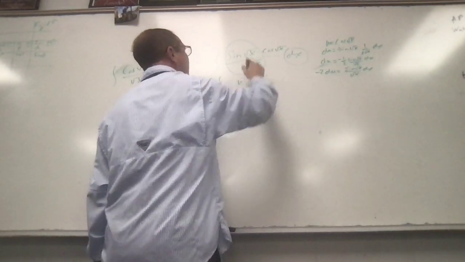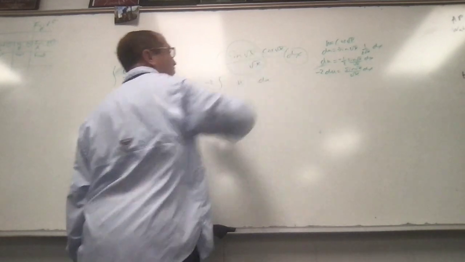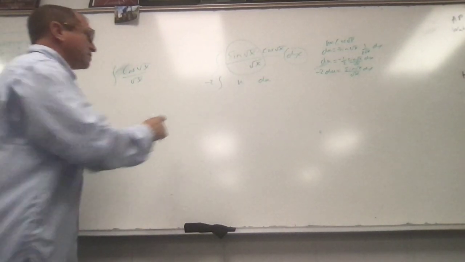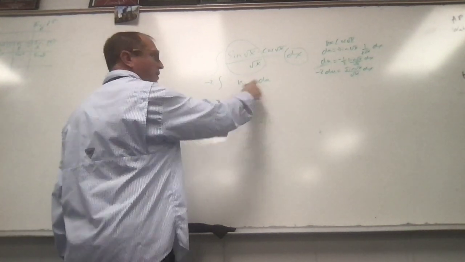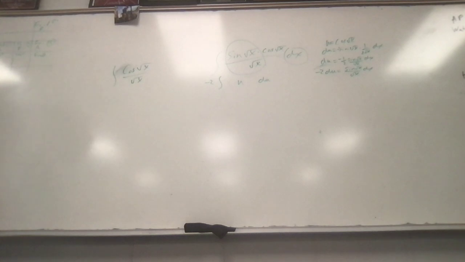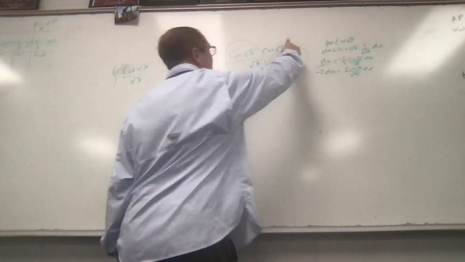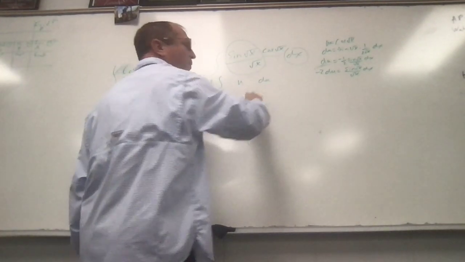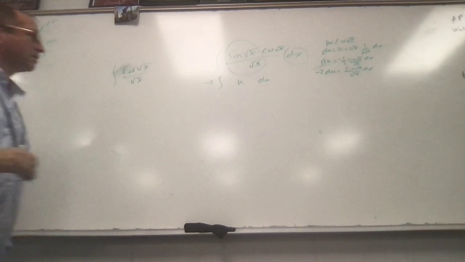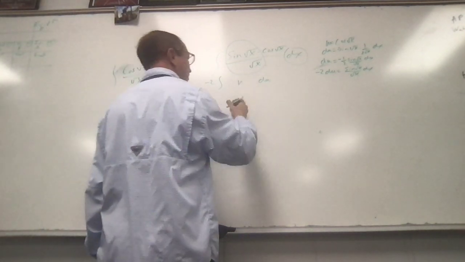So now, instead of having just a bunch of trig and square roots in there, I'm just asked to take the antiderivative of u du. That's a lot easier to do. The hard part is getting from this form to this form, but once you get to this form, the anti-differentiation is a whole lot easier. Because what is the antiderivative of u?